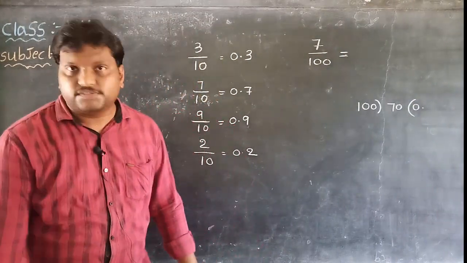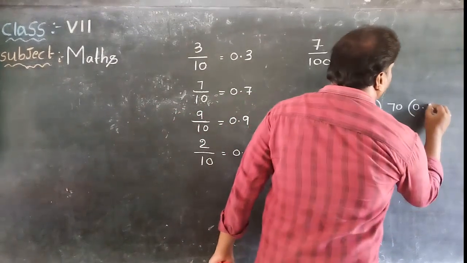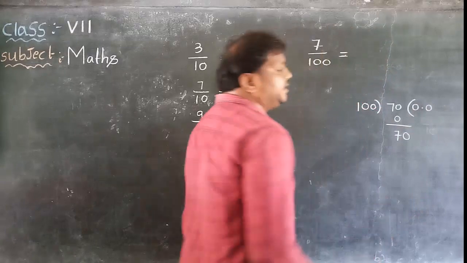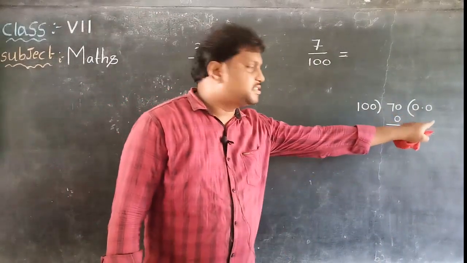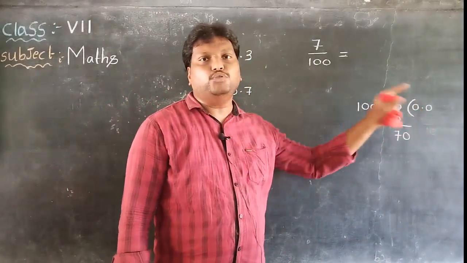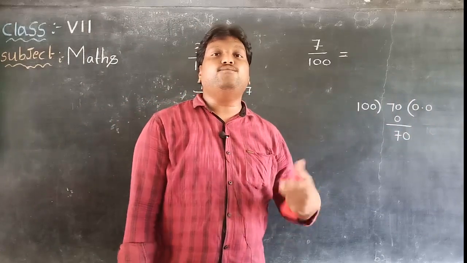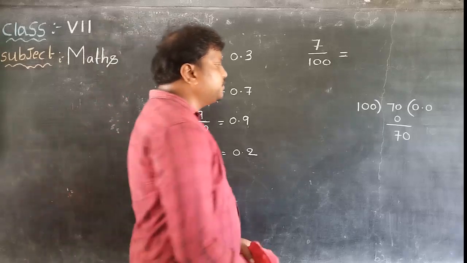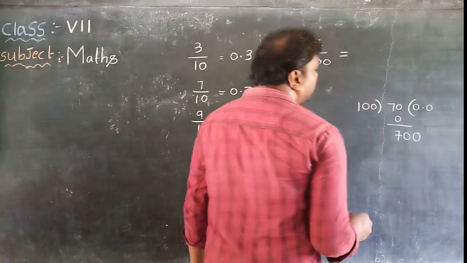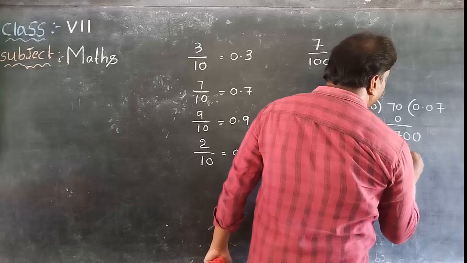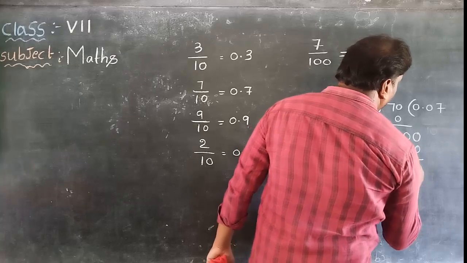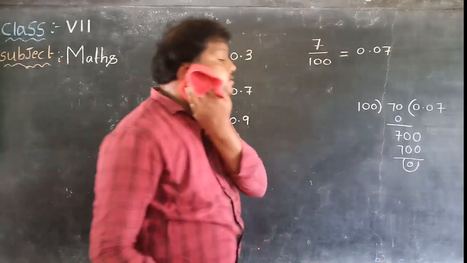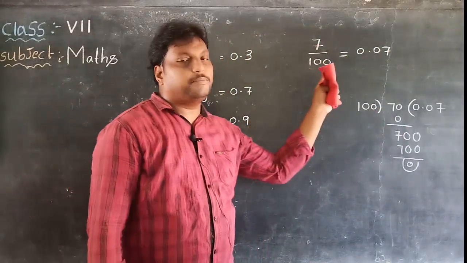So 0, then 70. As I said before, when you have the decimal point, we can take an infinite number of zeros. That's why we'll take one more 0. Now 100 7s are 700. What is that? 0.07. 0.07 is the answer.